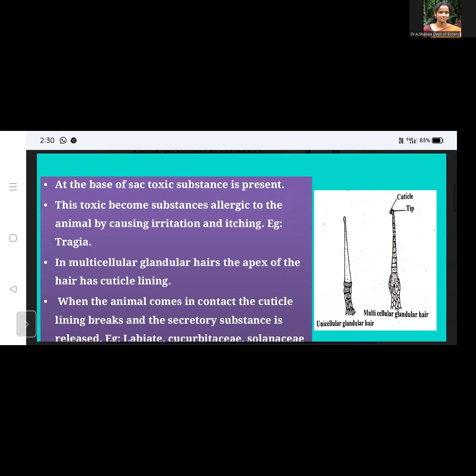Whenever the tip of the glandular hair contacts the animal body, at that time the toxic, allergic substance is released, causing irritation and itching in the animal body. Example, Urtica. In the multicellular glandular hairs, the apex of the hair has a cuticle lining.